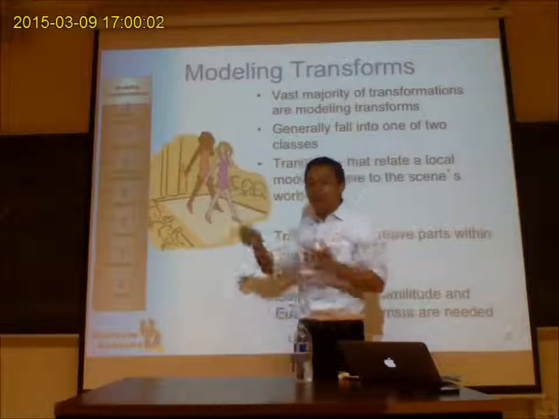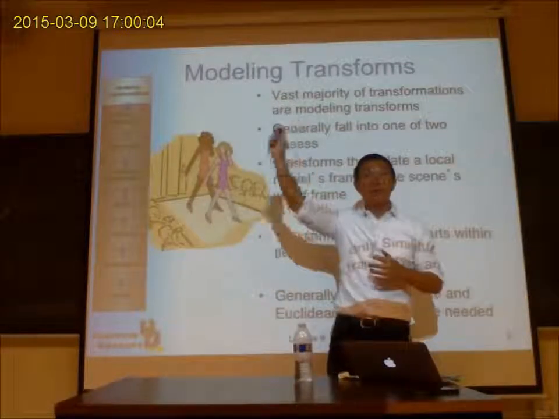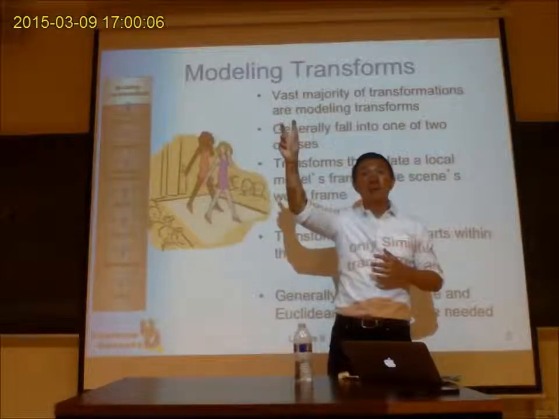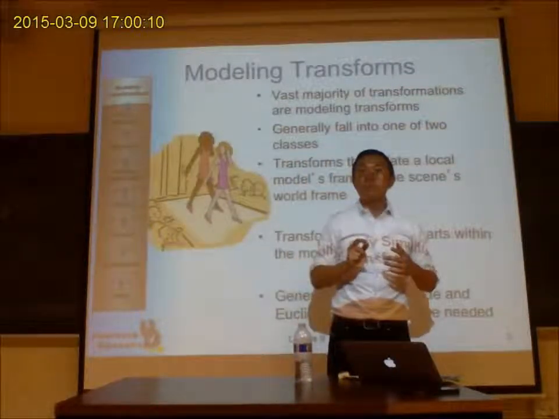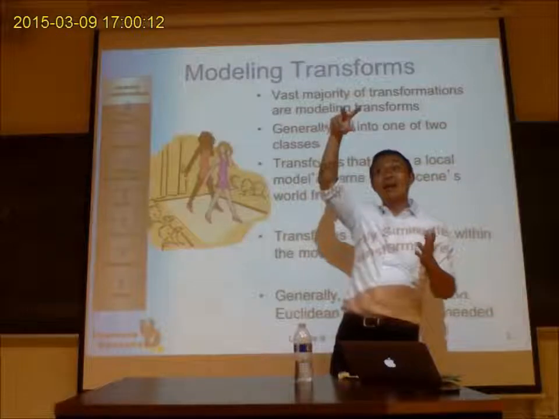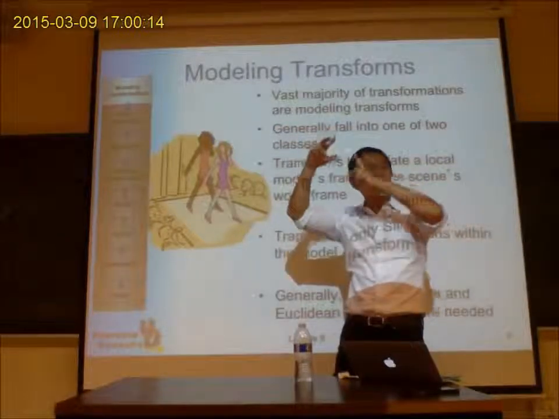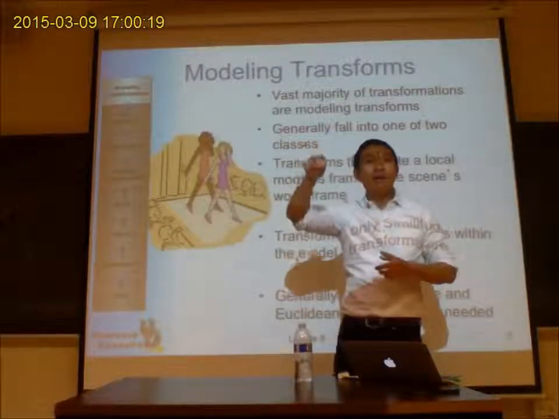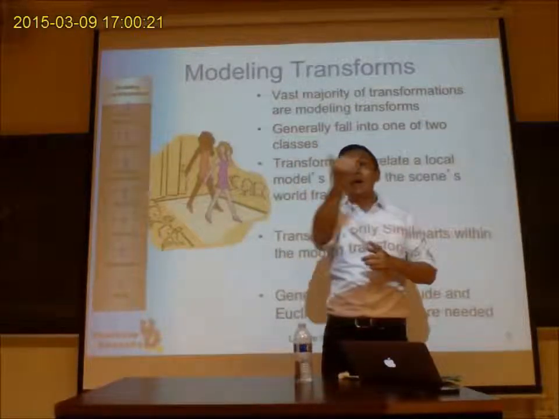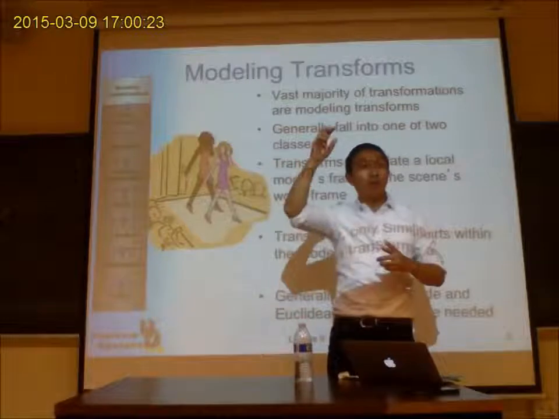In reality, your camera can be arbitrary in 3D space, right? So that needs another transformation so that I will align everything with respect to my camera. In other words, my camera's point of view after this transformation will lie at z equal to 0.